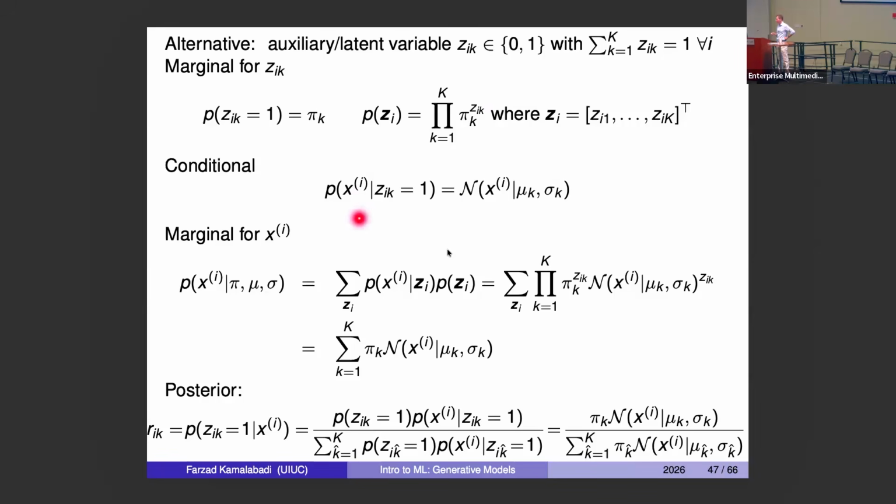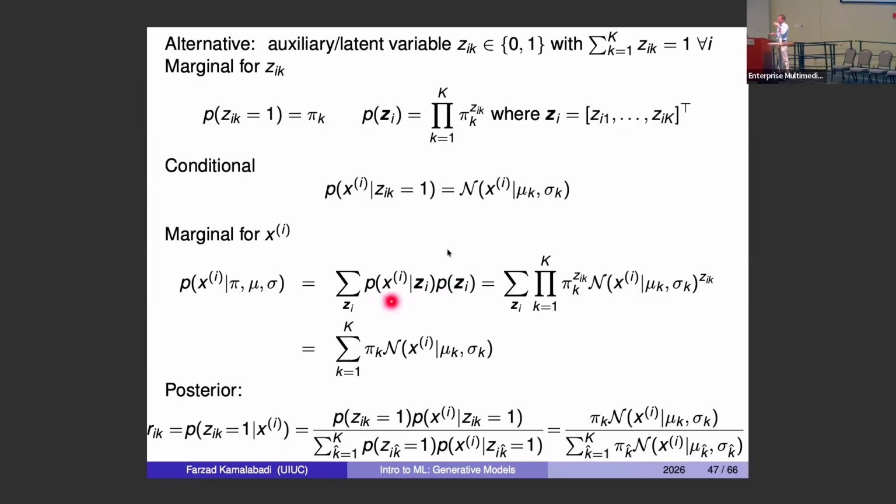You can condition on this probability of x_i on z_ik being equal to 1. It's a normal distribution, as we have before. You can compute the marginal with respect to all of them. And the marginal is essentially just writing the expression of the marginal. You sum over this latent variable the product of the distribution of that latent variable times the conditional.